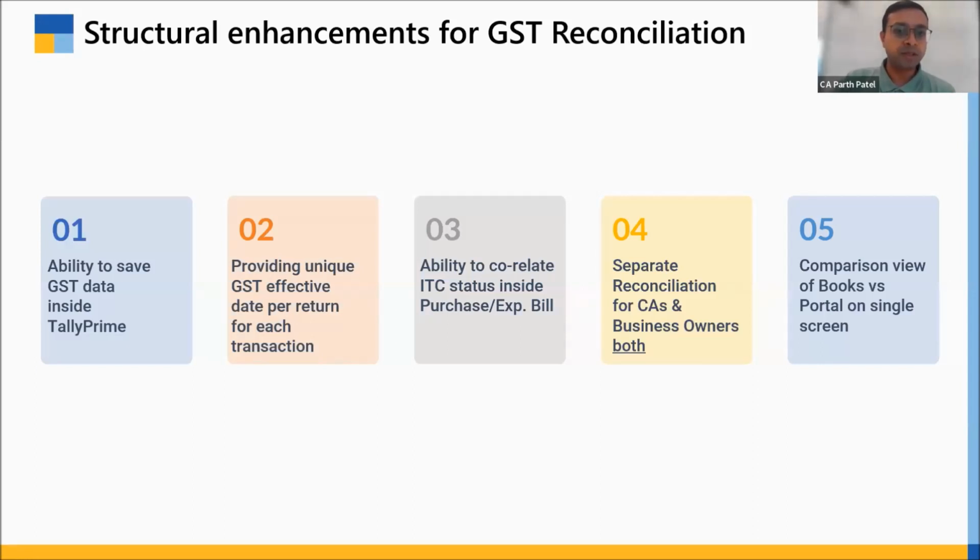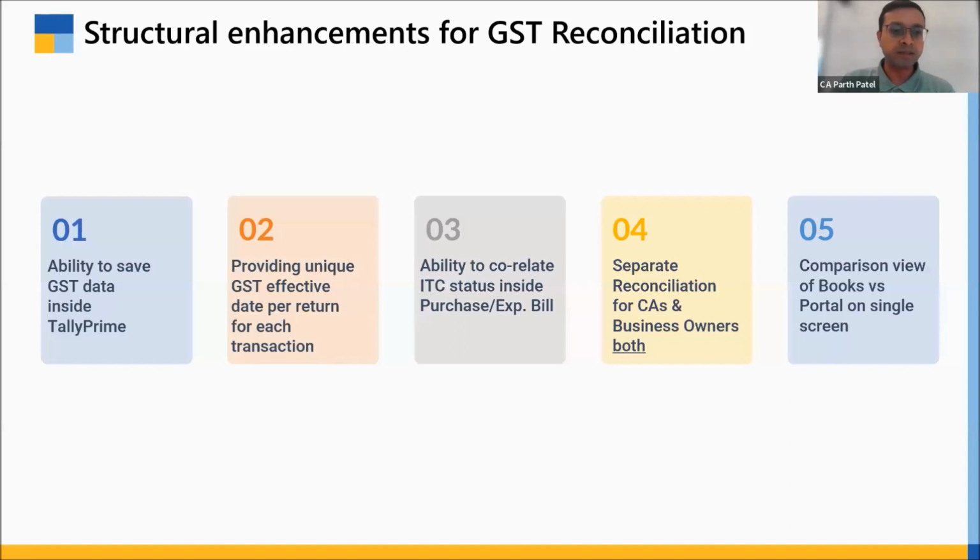The first structural enhancement that we have done is the ability to save GST data inside TallyPrime. Since the GST data is presently maybe in JSON format or somewhere in Excel format, there are cases wherein we merge both the data sets, the data of books of accounts as well as the data of GSTN, may it be GSTR-1 or 2A or 2B.